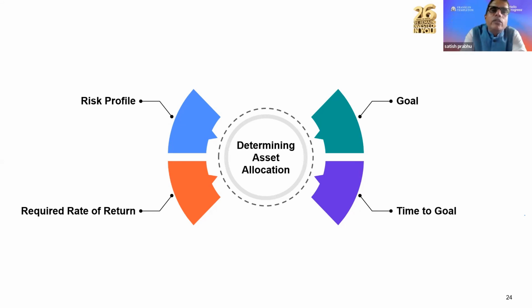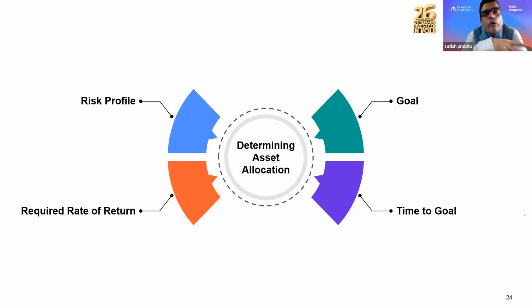If you have them, have them in a lesser amount, or as a hybrid between equity and debt, or a combination of various asset classes. But having a pure equity asset class for a goal which is less than 5 years is a strict no.